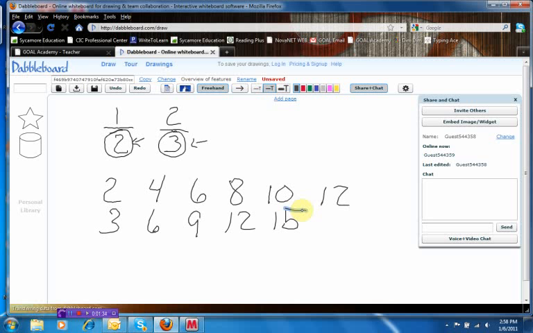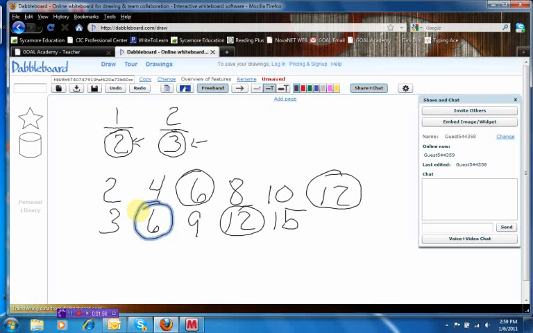Now, you take a look at which numbers these two rows have in common. They both have 12 in common, and they both have 6 in common, right?